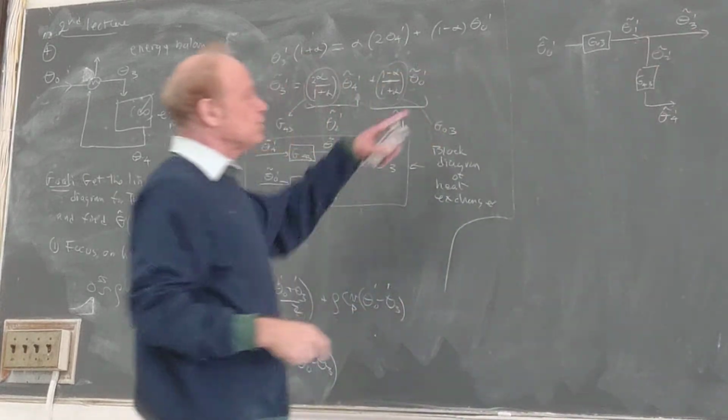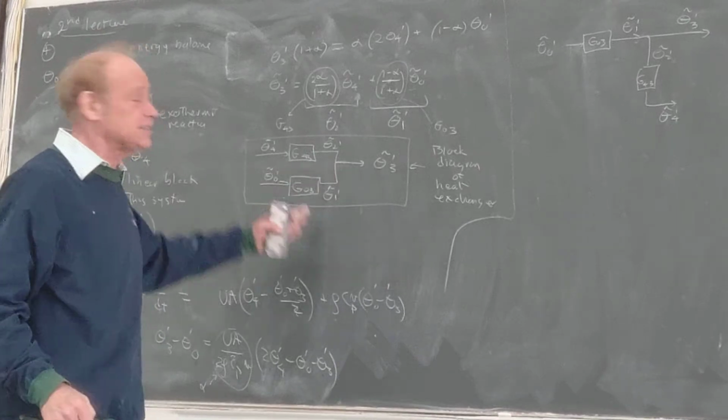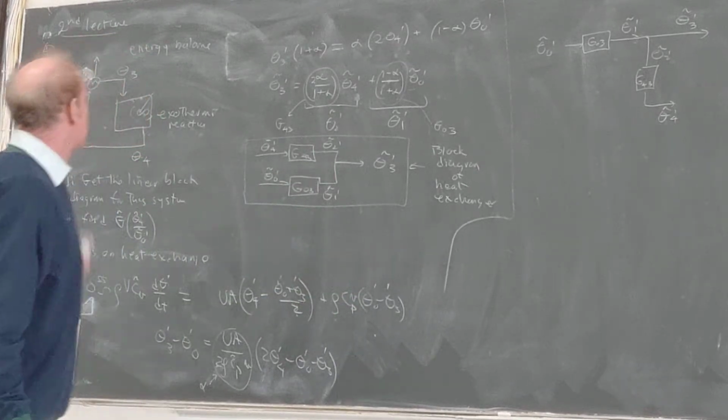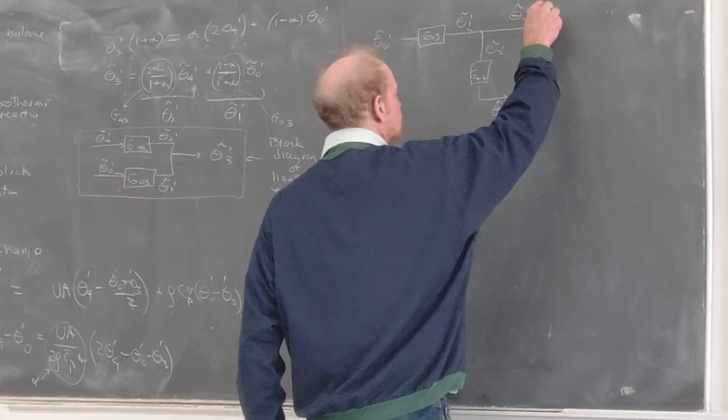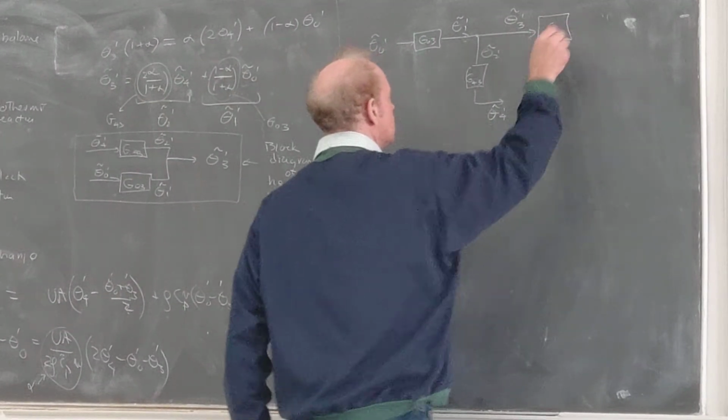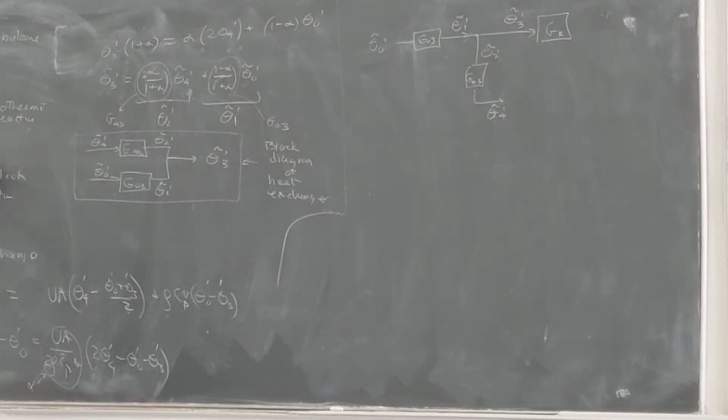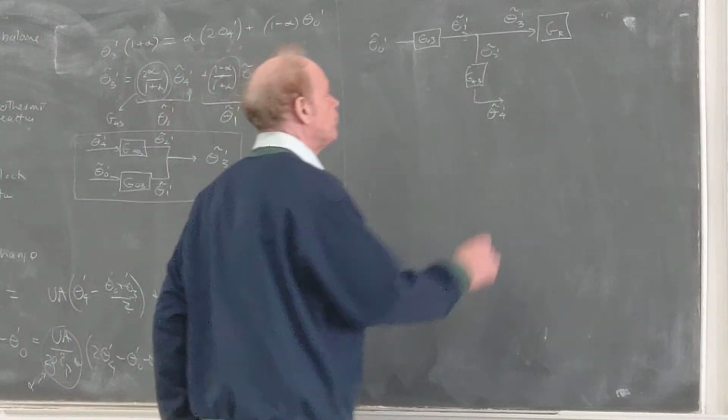So I just copied this over. I just bent this leg a little differently. And it's theta 3 that goes into the reactor. So this goes into G of the reactor, and what comes out of G of the reactor is theta 4.